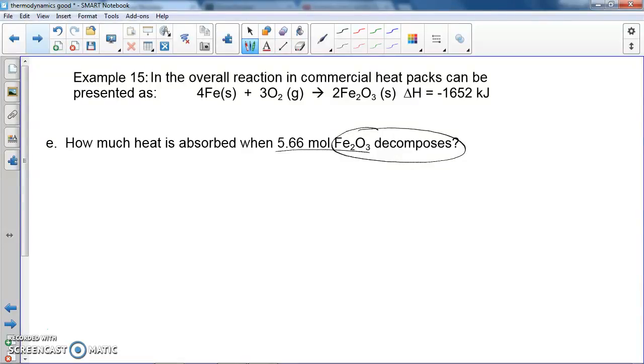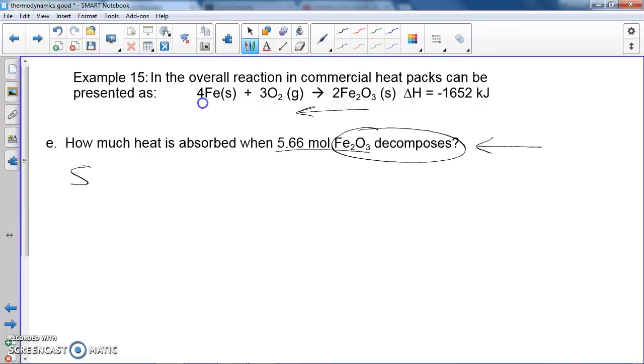When I synthesize something, it is going to form. So this says iron oxide breaking down. In order for iron oxide to break down, I have to think about the reverse reaction. Going from iron oxide and breaking down into oxygen and iron is a decomposition. So in this particular problem, we're talking about the reverse reaction.